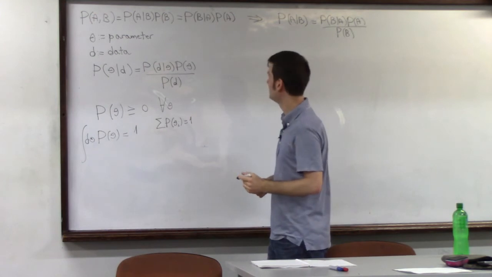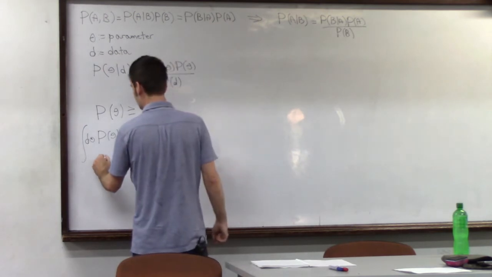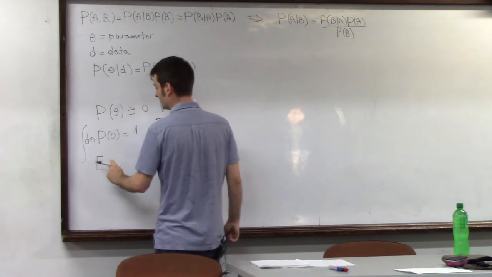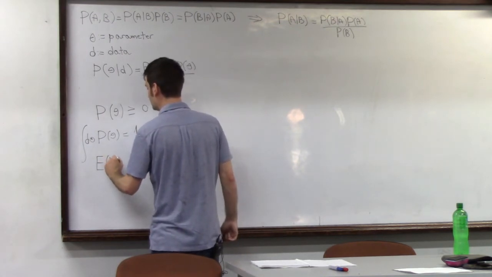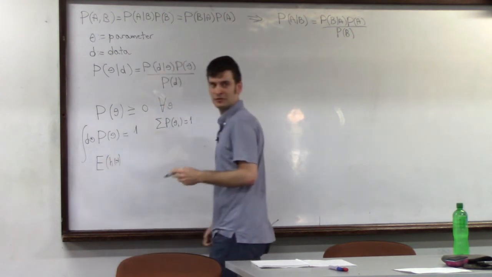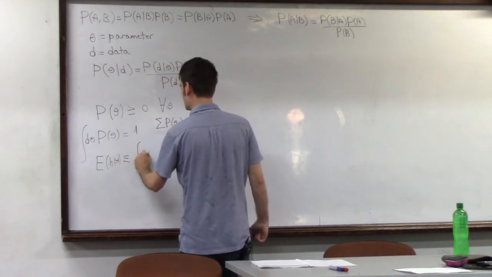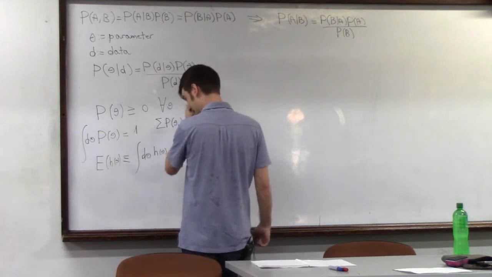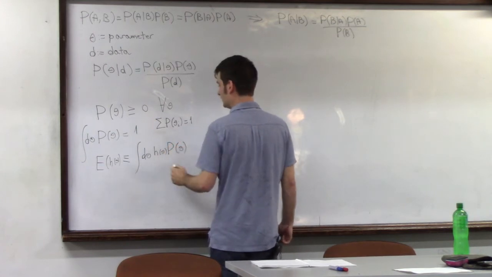A few other quantities that I'm going to use often: the expectation value of a function h of theta is defined as the integral of h times p.